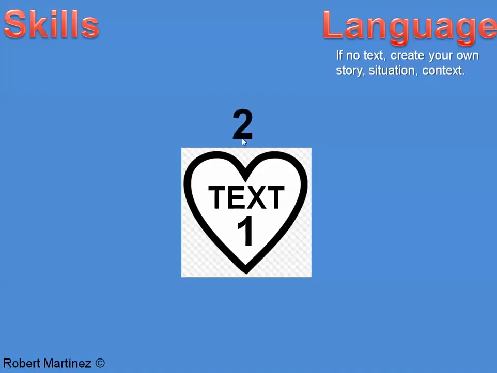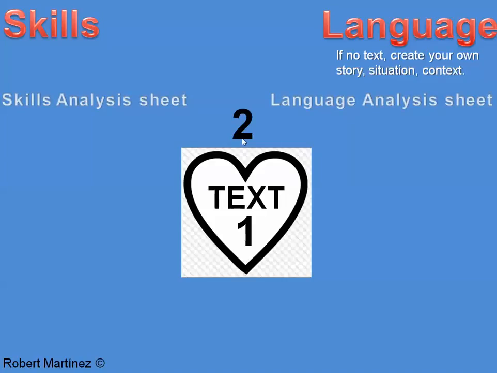The second step would be to then complete a skills analysis sheet where you look at what those skills you are going to be focusing on in the classroom are, or a language analysis sheet where you analyze the language that you're going to be dealing with in the classroom.